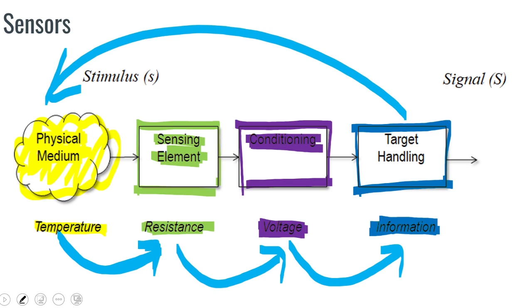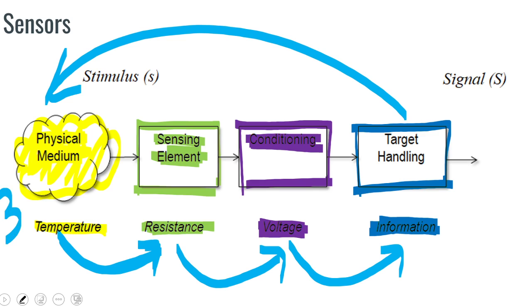Say here, 0 to 3, so a 3 volt change is happening there. The change is 3 in terms of degrees Celsius, let's assume.